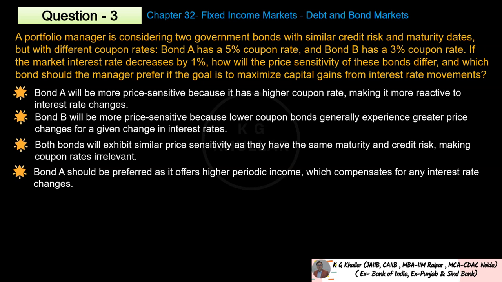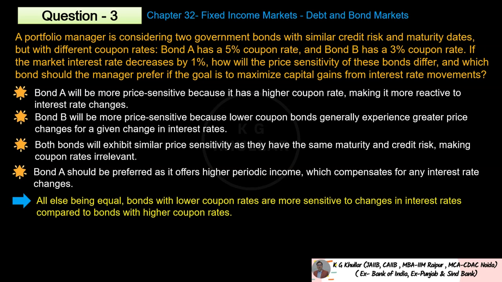Now friends, please note in bond investing, price sensitivity to changes in interest rates, which is also known as duration, depends upon several factors including the bond's coupon rate, time to maturity and current market yield. Now there are some theorems in your textbook from this chapter, and one of those theorems says that all else equal, bonds with lower coupon rates are more sensitive to changes in interest rate compared to bonds with higher coupon rates.